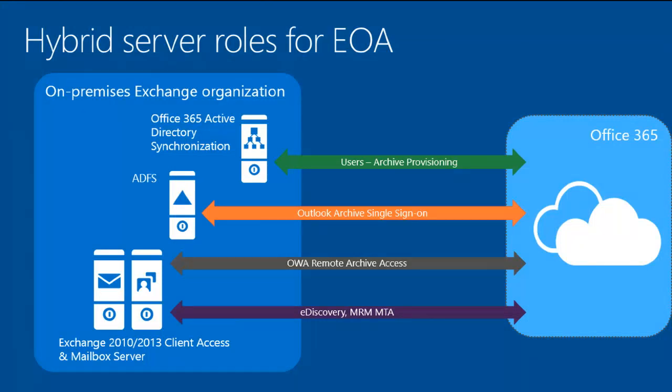You set up federation to be able to basically perform things like e-discovery, MRM, move mailboxes back and forth. And you're able to do all this in addition to, so that is, I think we are on the wrong slide again.